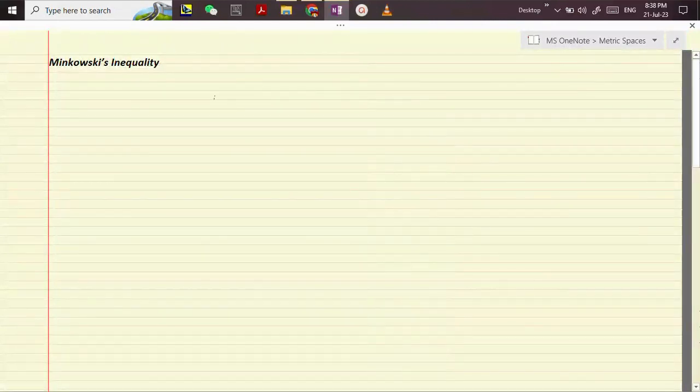And this is equal to summation i from 1 to n mod of xi plus yi power p whole power 1 minus 1 by q.